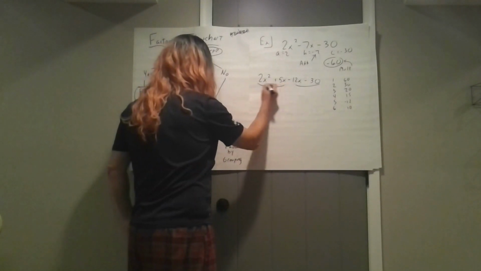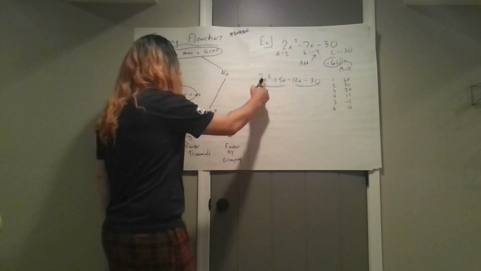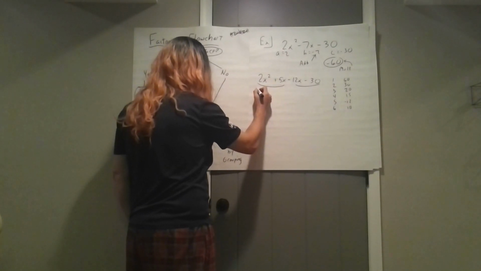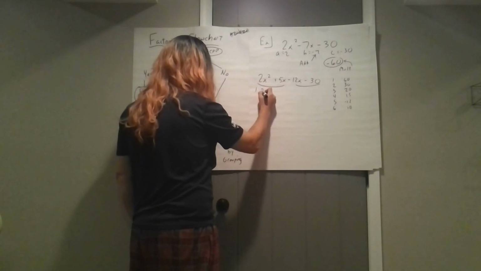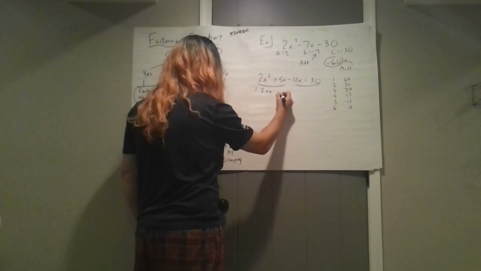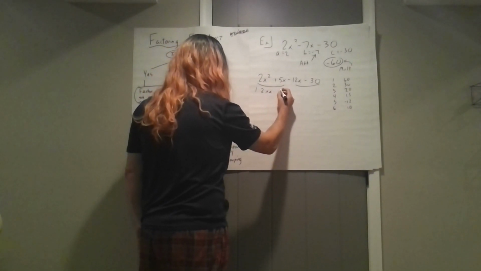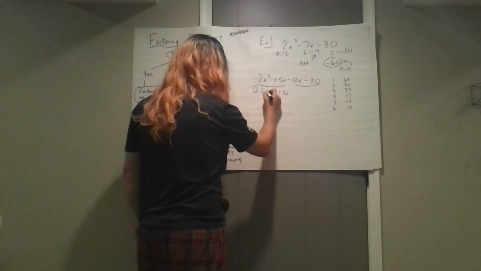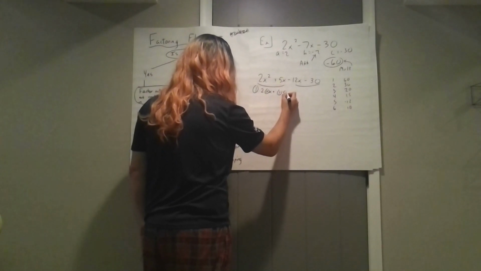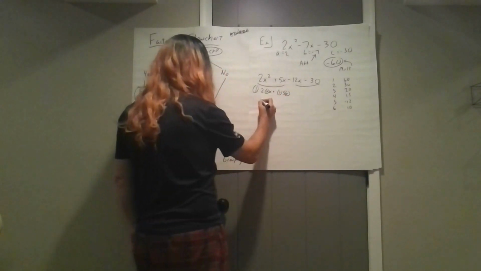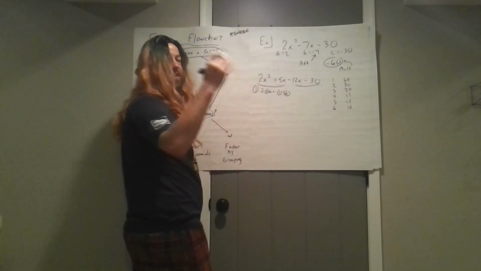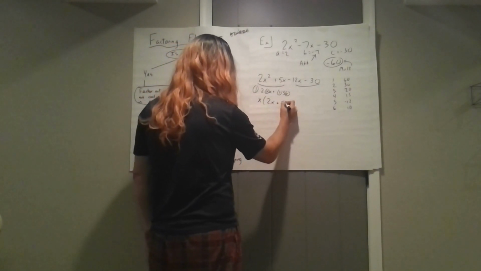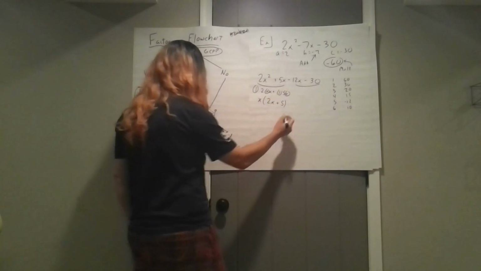The GCF here, 2 and 5 don't have one, but you notice that there's x's in both, so it's just 1x. That'd be 1 times 2 times x times x, and then 1 times 5 times x. So 1 and x are my GCF, which is just x. x times 2x plus 5, what's left is 2x and 5.